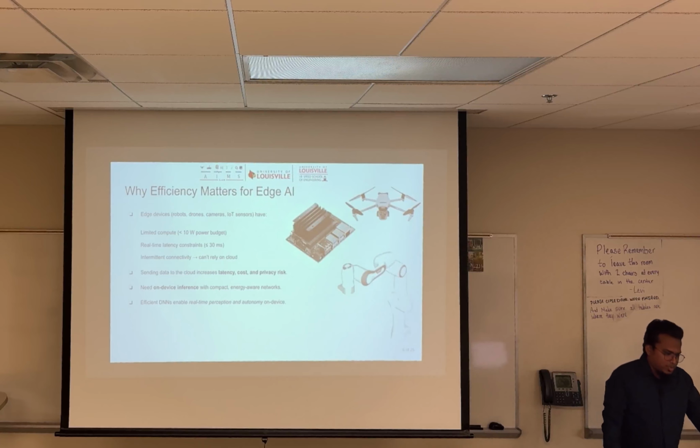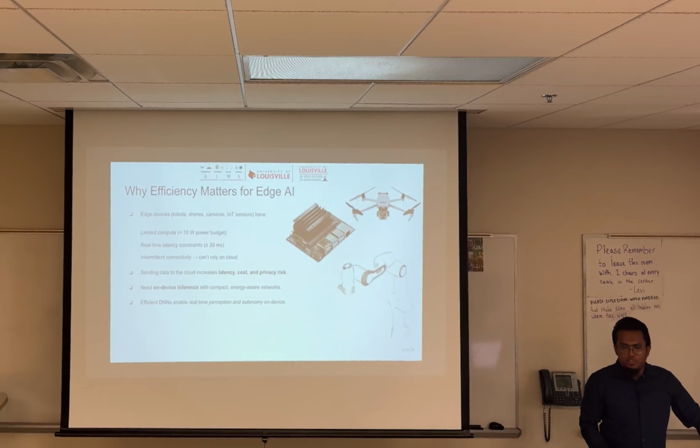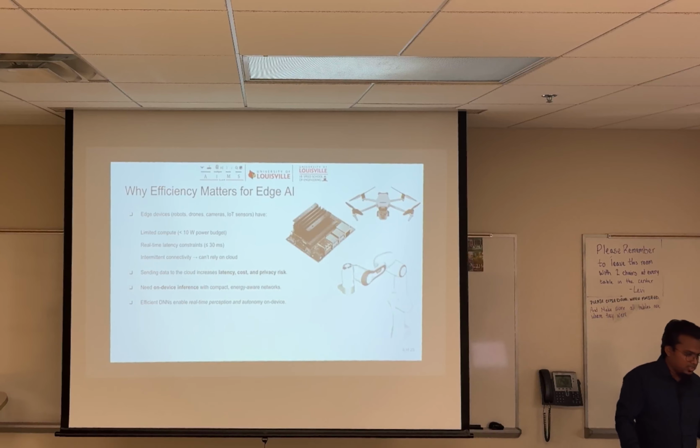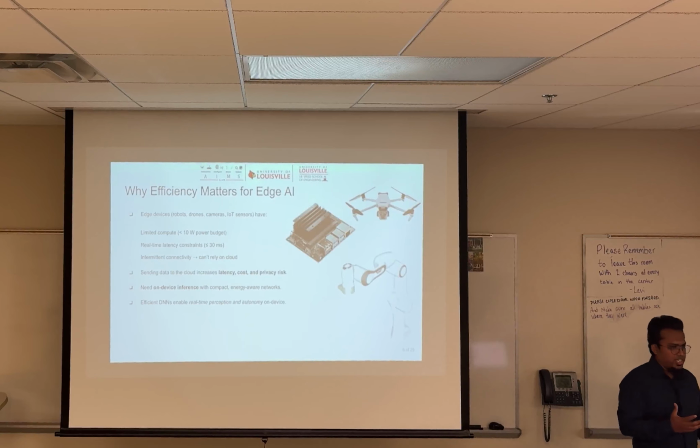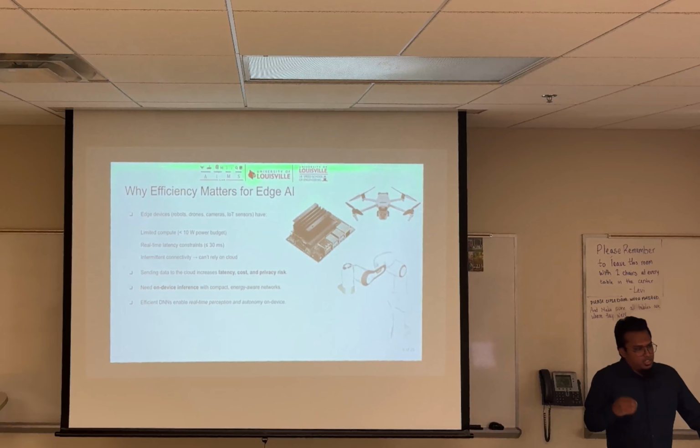I can give you one example with drones. Drones have batteries with limited power, so your goal should be to fly for the maximum time, but you need to deliver performance as well. Larger models are not feasible to deploy on drones because they are resource conscious. They will not run on those smaller devices, so you also need to make the original models smaller.